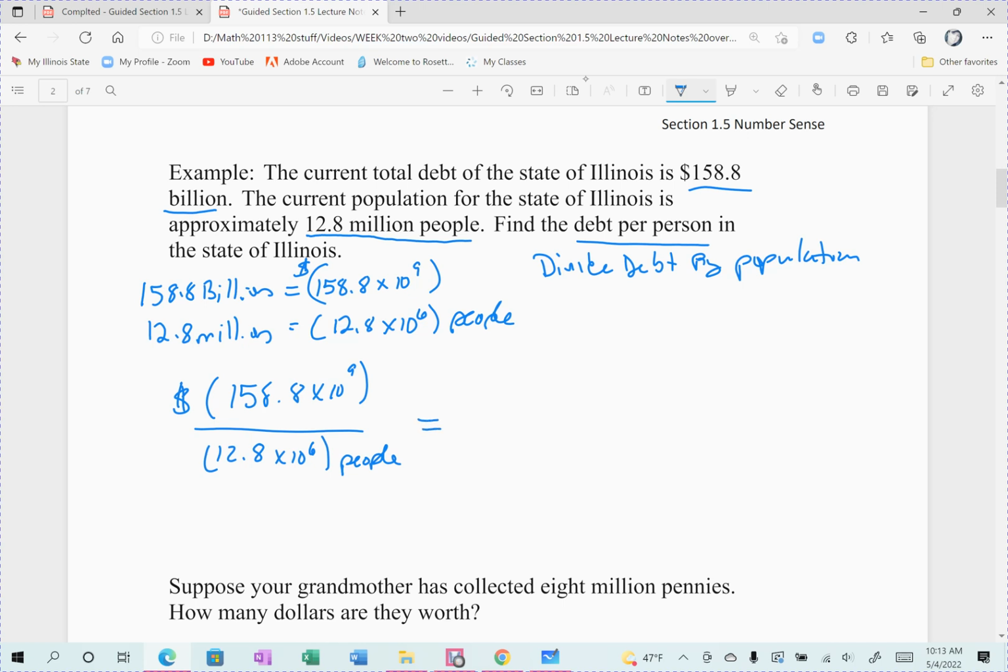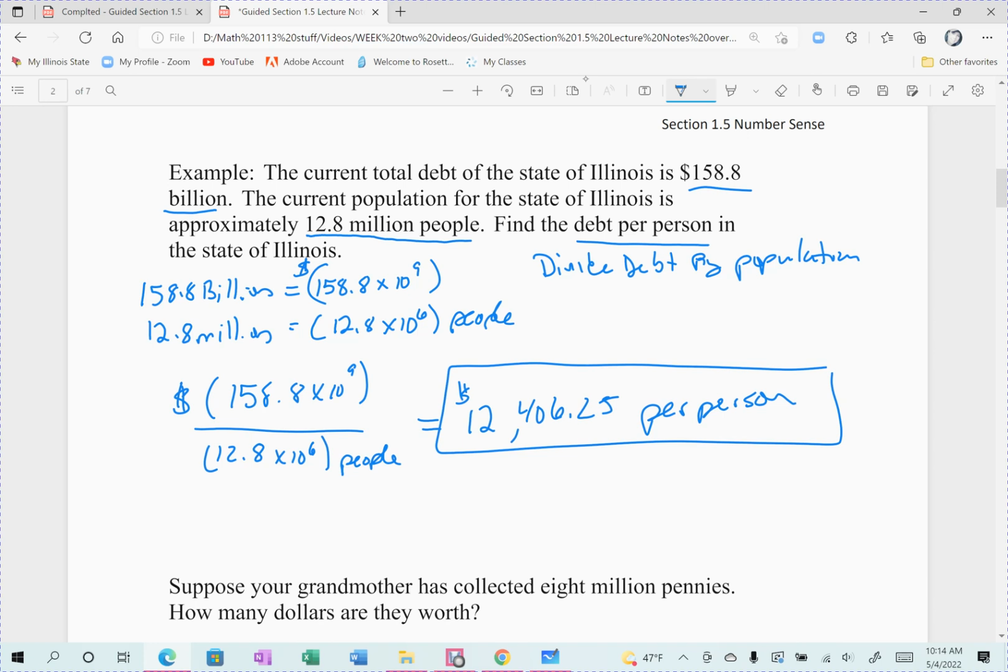If you do that, and you're very careful, it should come out. Give me a second. I need to type mine out because I didn't get this pre-done. All right, 12,406.25 per person.